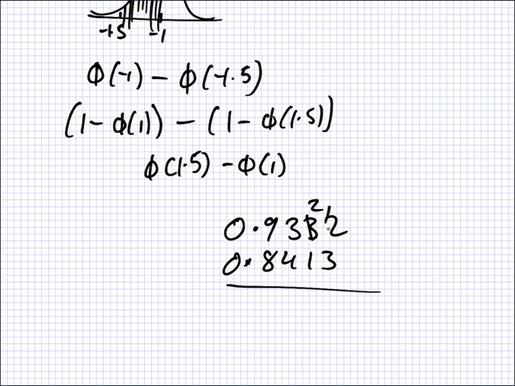Don't we always subtract the number on the right from the number on the left? Because the minus 1 was on the right, but then when you flip the sign.